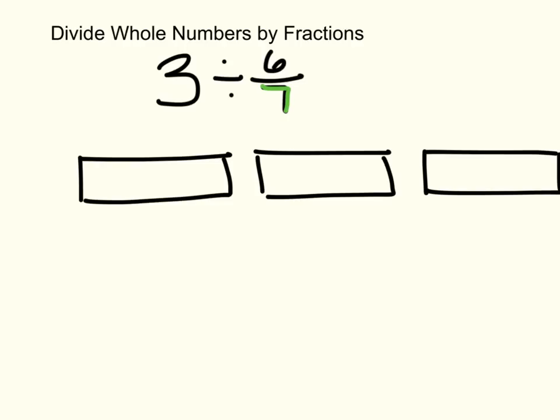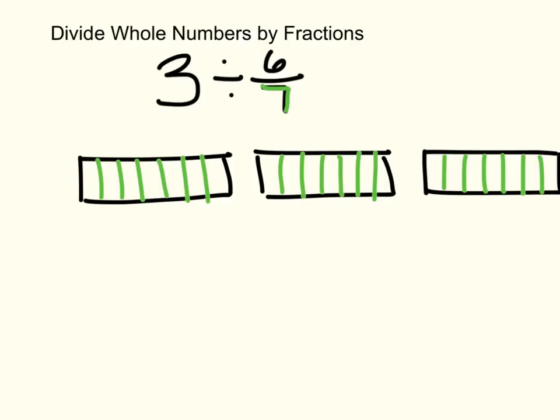So now I'm going to split those whole values into 7s. 1, 2, 3, 4, 5, 6, 7. 1, 2, 3, 4, 5, 6, 7. 1, 2, 3, 4, 5, 6, 7.